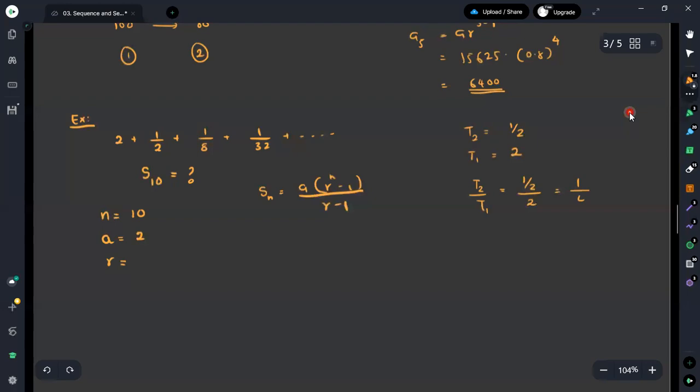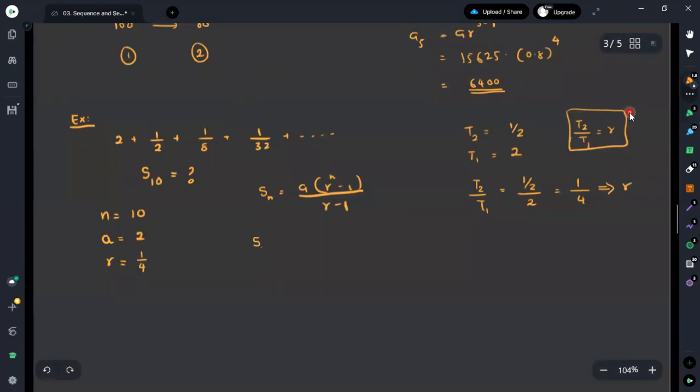We know that the value is 1/4, which equals the common ratio. It is because we have identified that T2 over T1 gives the common ratio, according to the theory. Therefore, according to the provided example, now we have identified that the value of r is equal to 1/4. Now we can do the substitution.